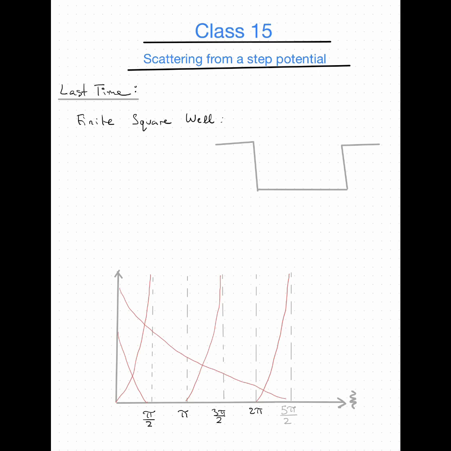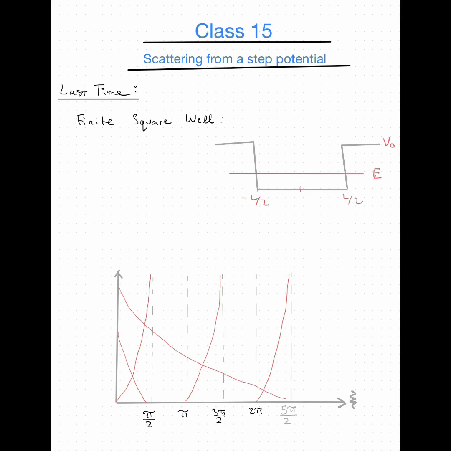Okay, so we have our finite square well here. There's some particle with energy E inside the well. It has potential V naught, with bounds minus L over 2 to L over 2.